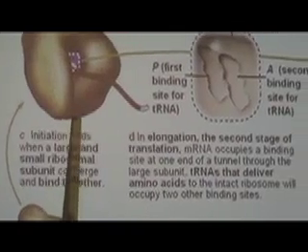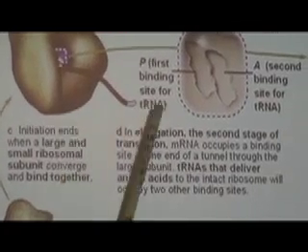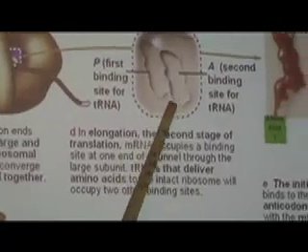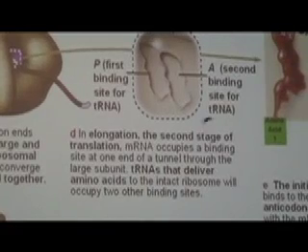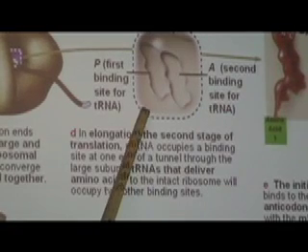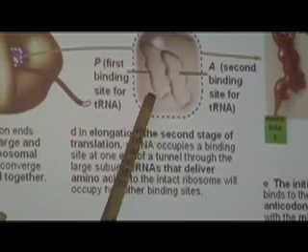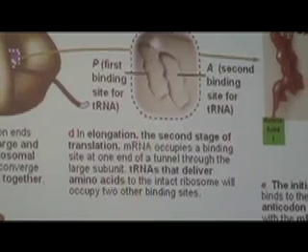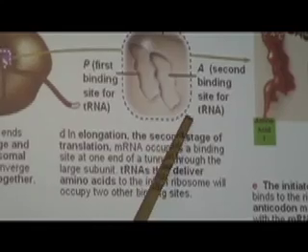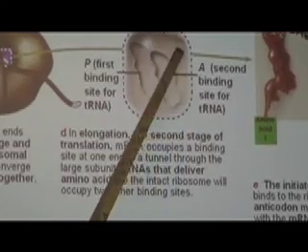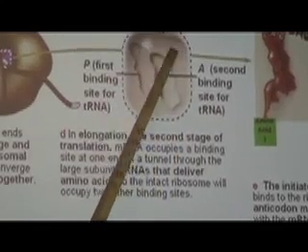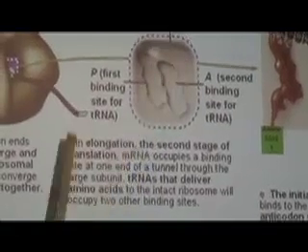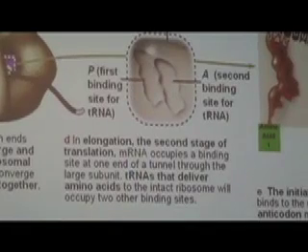Once the large and the small ribosomal subunits join, we end up with these two slots inside where the tRNAs can join. The first site is called the P site, and the second one is called the A site. And then the RNA goes in this groove along the top. So the tRNA comes in the bottom and it matches up with the messenger RNA along the top.